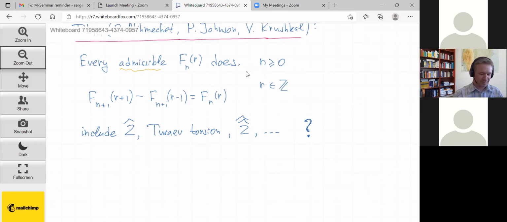Are they all different, non-equivalent? Yeah, that's a very good question. It's not clear. At first, when I saw the result, I naively thought that they're all different. But after discussing it with colleagues, it's not entirely clear. I think that's an extremely good open question about this work.